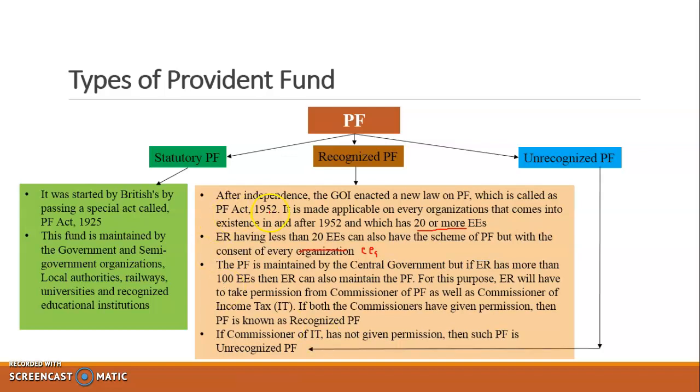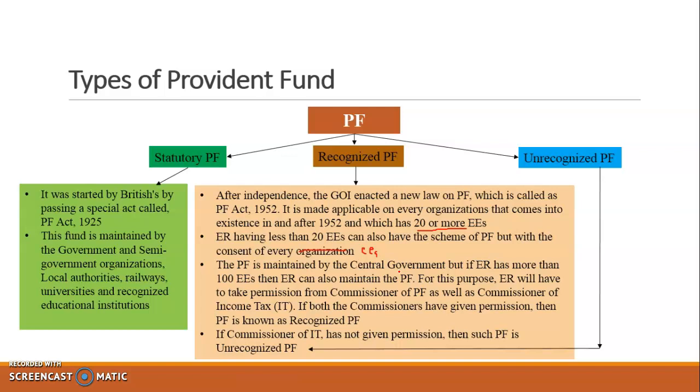So after the 1952 Provident Fund Act, it was made applicable for every organization having 20 or more employees to have the scheme of Provident Fund in place. But Provident Fund is usually maintained by the central government, but in case the employer has more than 100 employees and wants to maintain the PF, maintenance means how to invest the corpus of the fund, how to invest it into certain kinds of securities, and whatever interest they get, how they are going to distribute it.